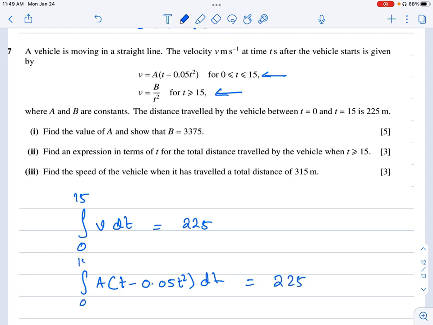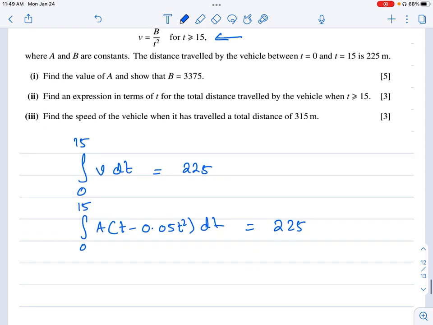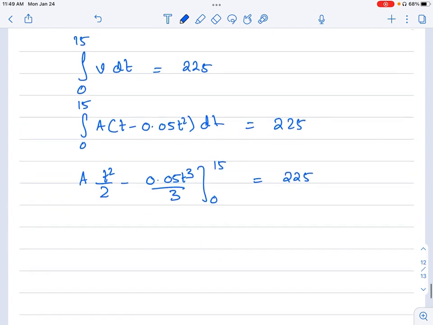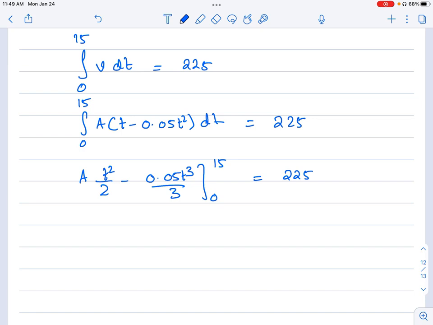The limits should be 0 to 15. So a times t squared by 2 minus 0.05 t cubed by 3 from 0 to 15 is equal to 225. The lower limit is 0, so no need to substitute, only the upper limit.